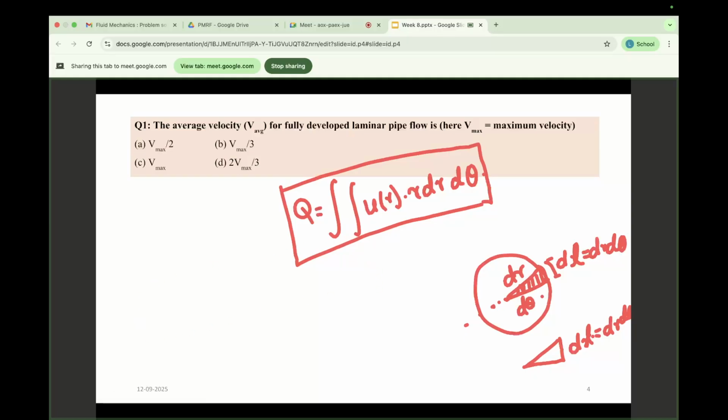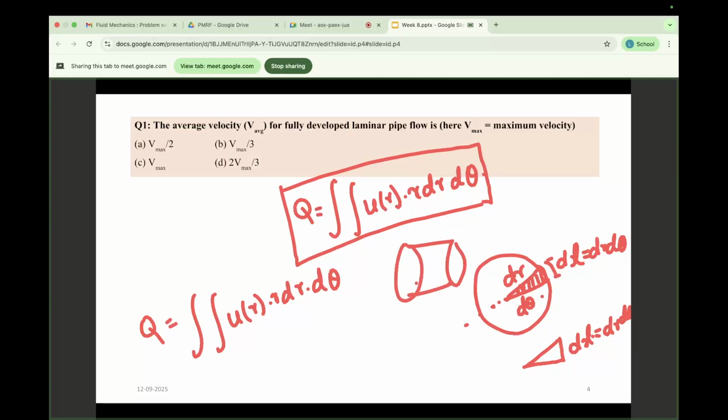And in this scenario, you just forgot about this image. So how will you solve? You know this value, and double integration is there, right? So first is integration with respect to r and integration with respect to theta. This r means the radius of this pipe, so its minimum value is 0 and its maximum value is r. And theta means this angle.